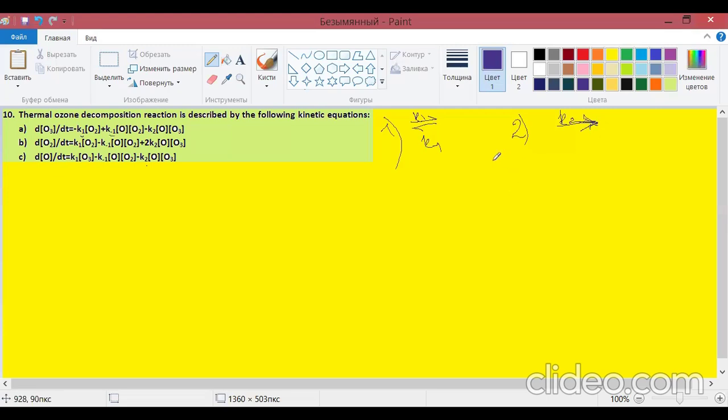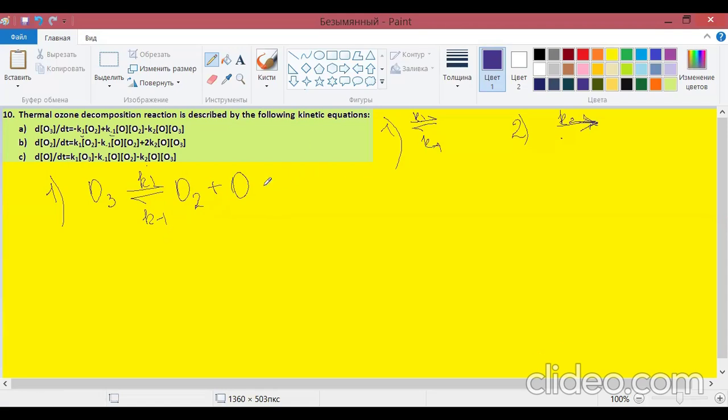Well, seeing that, it's not a big problem for us to guess a possible scheme or mechanism of ozone decomposition. The first one is an equilibrium when O3 decomposes to oxygen and oxygen atoms, K1 and K minus 1.